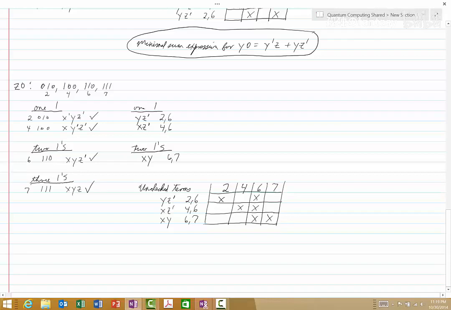And you can see, because this x in column 2 is by itself, the yz prime term is necessary. Because the x in column 4 is by itself, xz prime is necessary. And because the x in column 7 is by itself, the xy term is necessary.